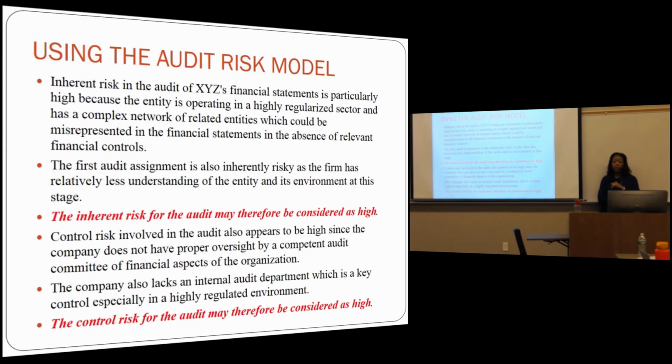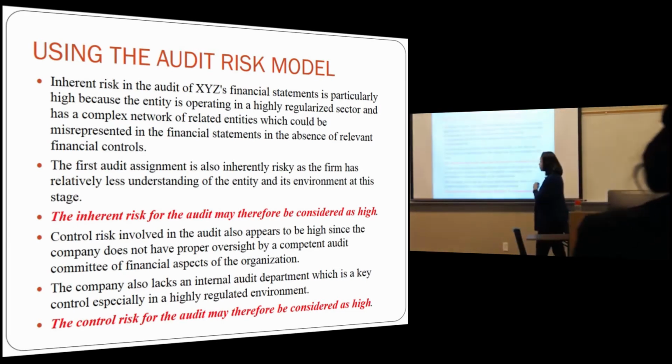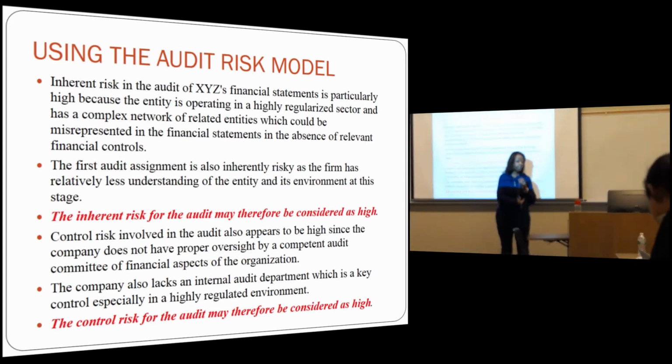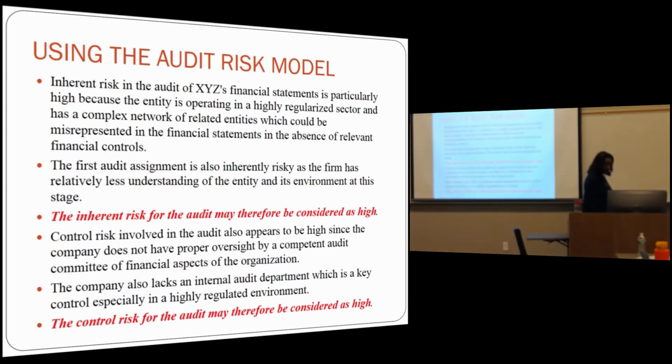So control risk, there's not appropriate oversight by a competent audit committee or any oversight over the key financial aspects of the organization and the lack of internal control. So that is both high inherent risk and high control risk, which then translates to a high risk of material misstatement. And then as a result, the auditor is going to set detection risk at a lower level, which means gathering more evidence.